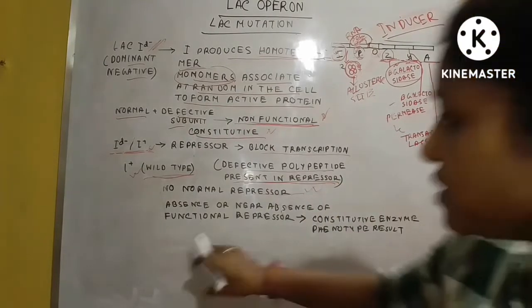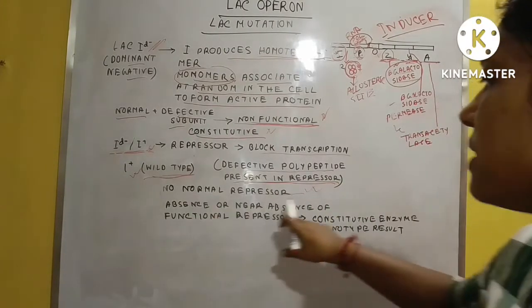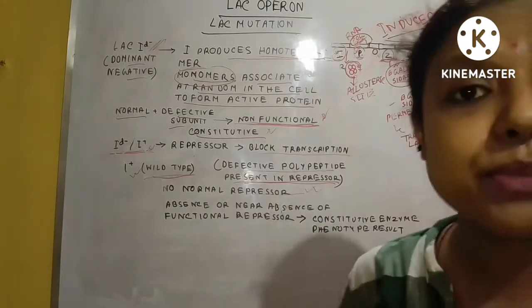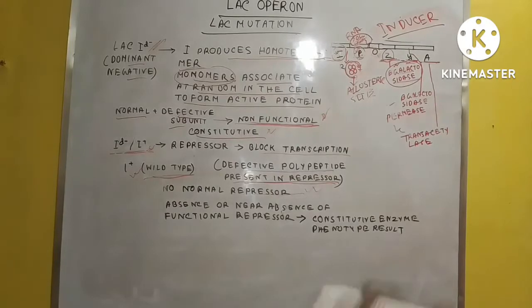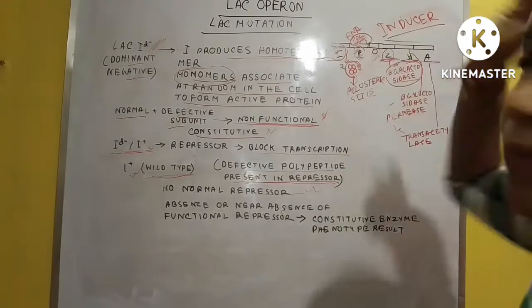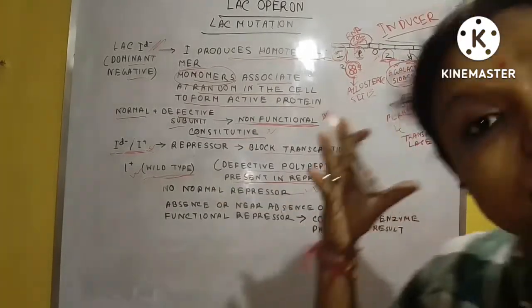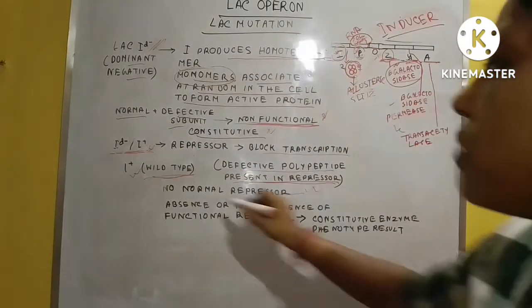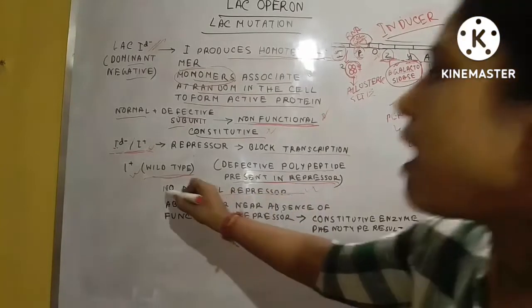Okay. So here there is absence or near absence of the functional repressor, that means the normal repressor that actually helps to bind the operator system to stop the transcription process. Here that is produced, but due to the presence of ID minus, the normal repressor is not found.